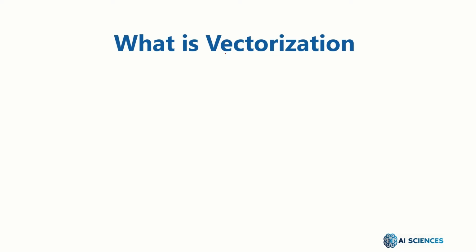Before discussing vectorization, let me discuss one key difference between programming languages, because vectorization is relevant to coding, and coding is done in programming languages. Let me differentiate programming languages with respect to one characteristic: whether a programming language is interpreted or compiled.